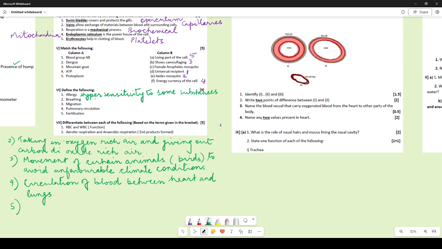Now we come to the last definition, fertilization. What is fertilization? The fusion of male and female gametes to give rise to a single cell called zygote. Even if you have just written the fusion of male and female gametes, you will get full marks.